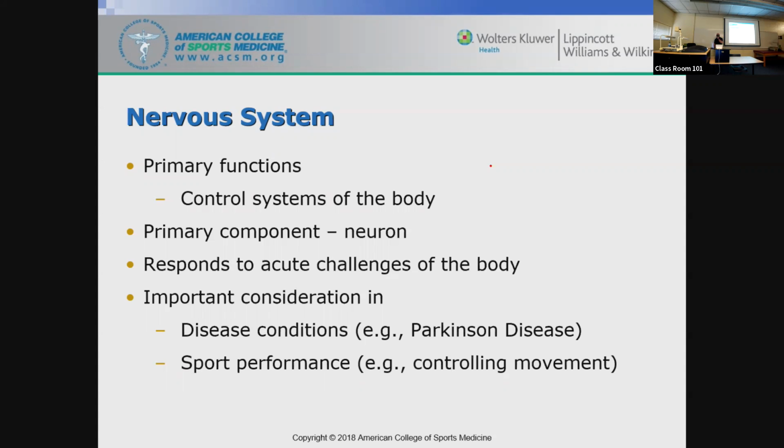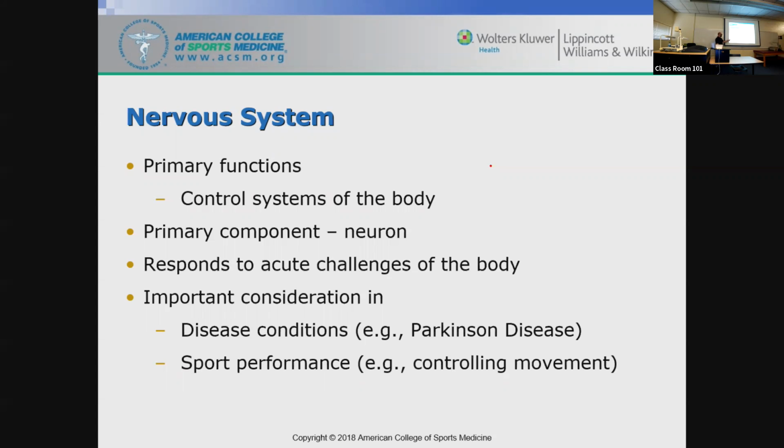Some key considerations. There are disease conditions that are going to affect the control of the nervous system. Parkinson's disease being one of the big ones and one of the more debilitating ones. There are many others, but Parkinson's disease is a good example. So the nervous system basically helps us function throughout all movement.